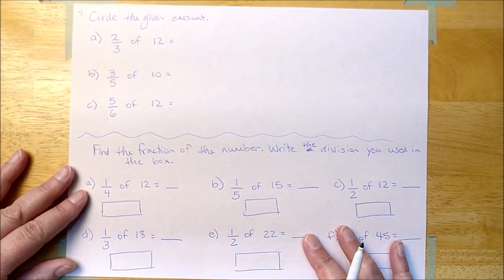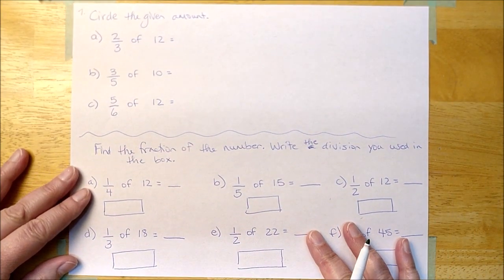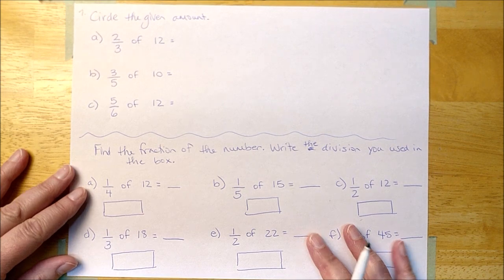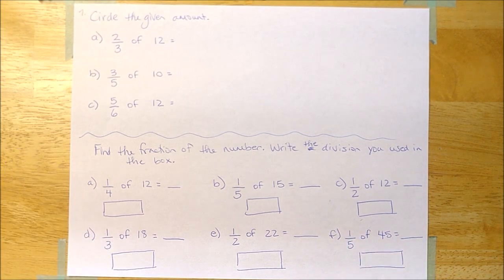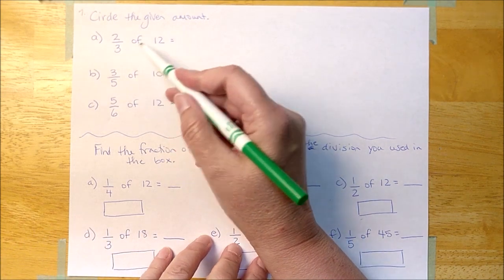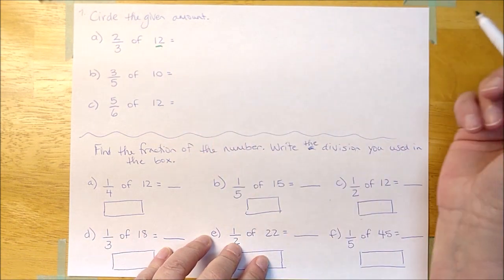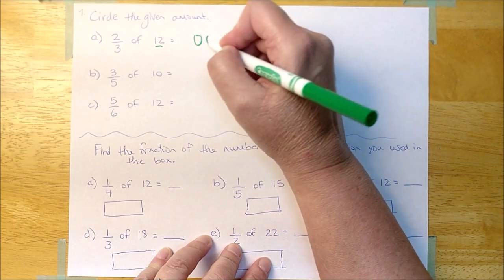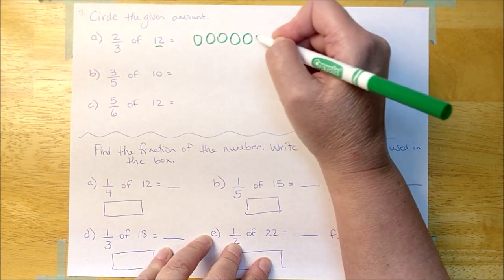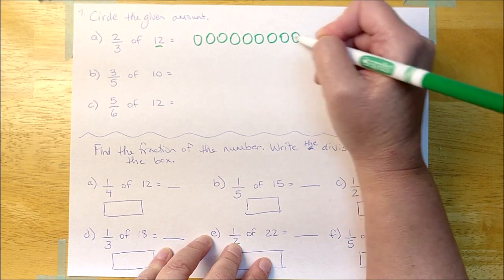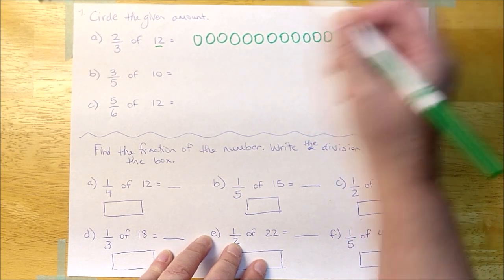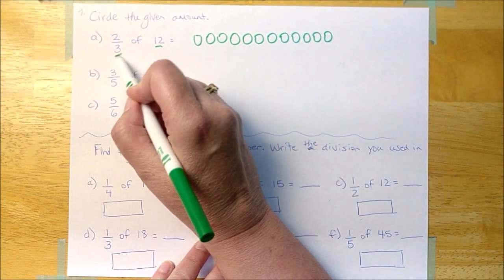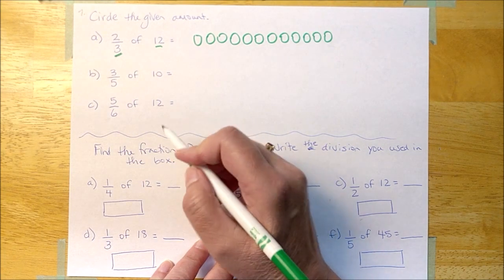Okay, now we're moving on. Oh, no, wait, what are we doing here? We're going to be circling. Okay, so it says we need to circle 2/3 of 12. There's no picture. So I guess I better draw 12. 1, 2, 3, 4, 5, 6, 7, 8, 9, 10, 11, 12. It says I need to make them into 3 groups.